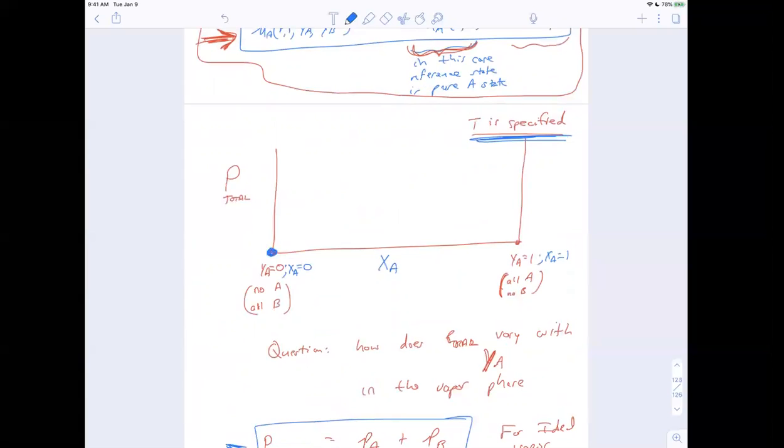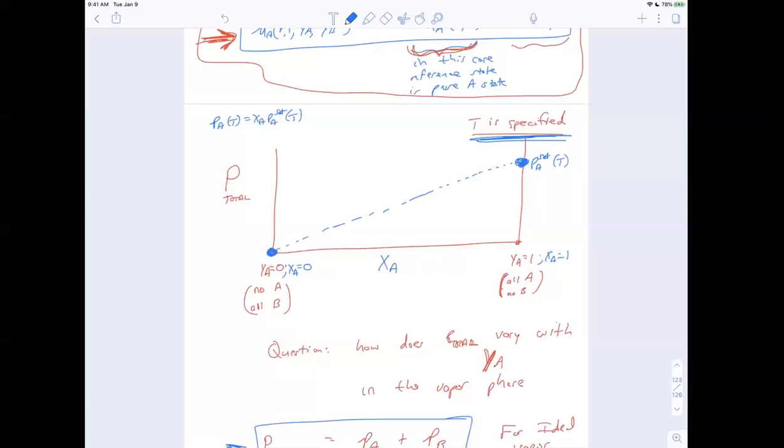So we'll let that be here. This is P_A sat at T, and it's a straight line. Remember, P_A of T using Raoult's law is x_A P_A sat. When x_A is 0, P_A is 0. When x_A is 1, P_A is equal to P_A sat. So we can just draw this line, and I'm going to try to make it a line, but it may have some curvature. That's the line that represents P_A.